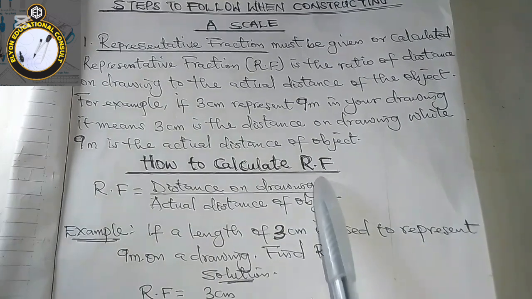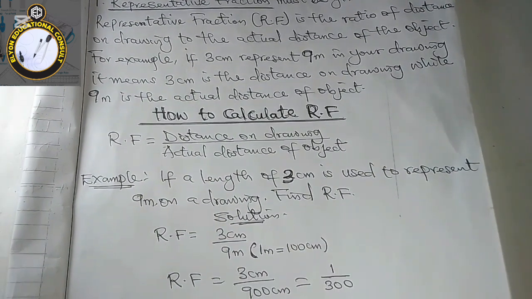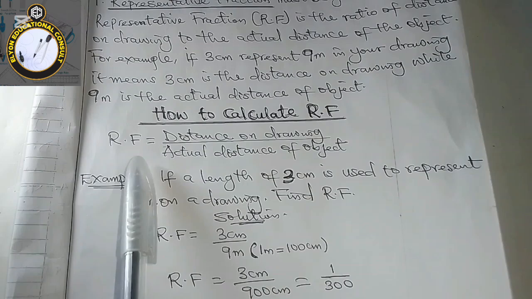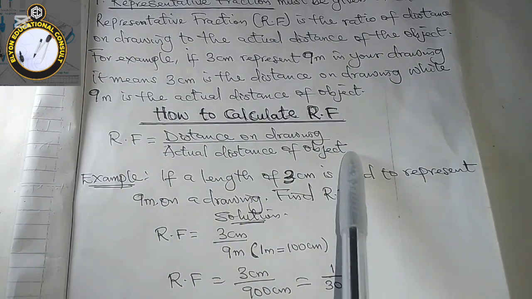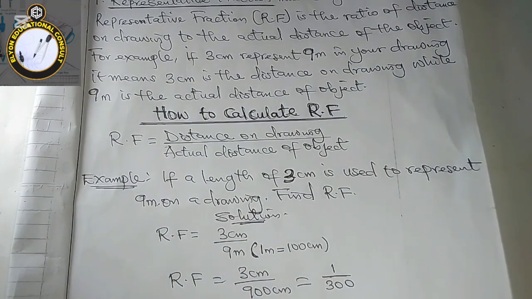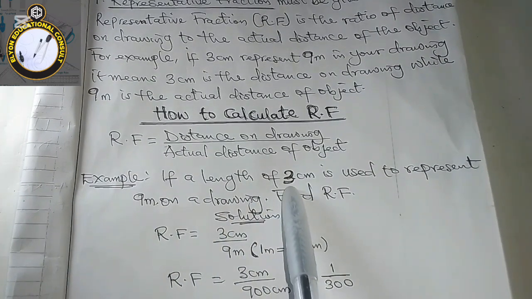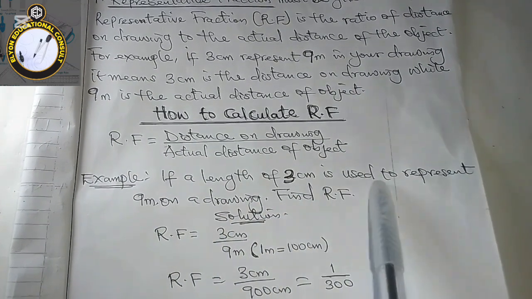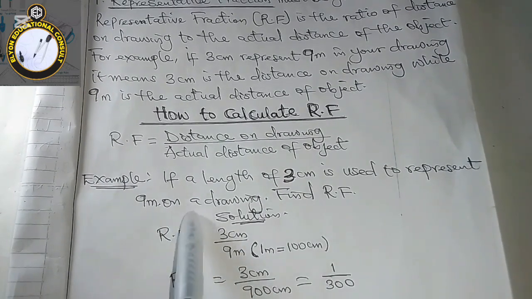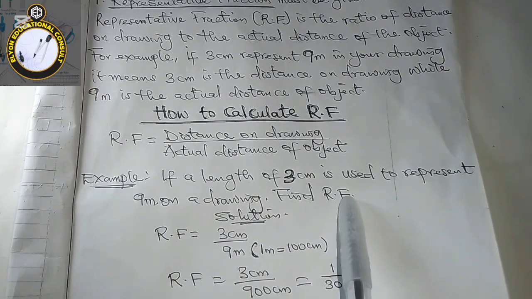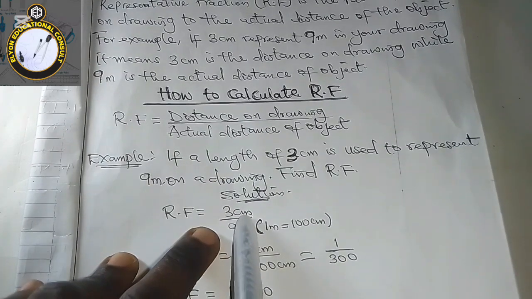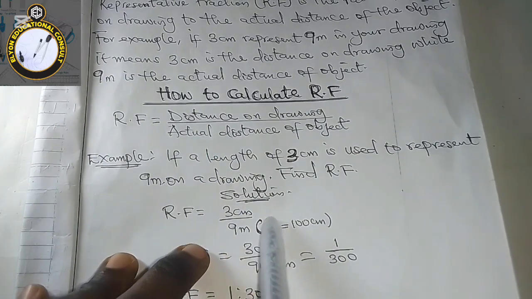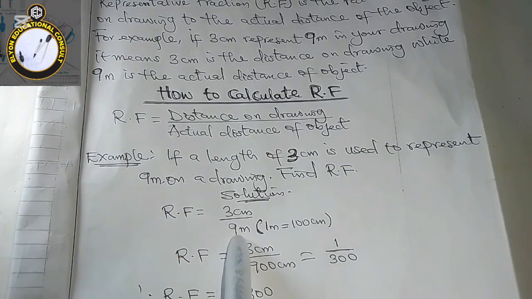Now let's go deeper. How do we calculate RF, representative fraction? To calculate representative fraction, we use the formula: distance on drawing over actual distance of the object. For example, if a length of 3 centimeter is used to represent 9 meter on a drawing, find the representative fraction. What this means is that 3 centimeter is the length on drawing, while 9 meters is the actual length of the object.